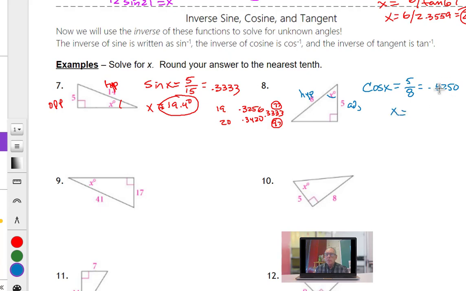If we look in our table, down the cosine column, to the closest 6250 we have, we get 51 is 0.6293. And 52 degrees is 0.6157.